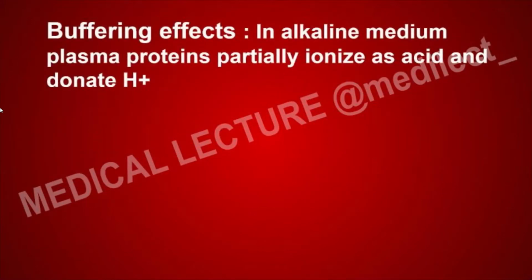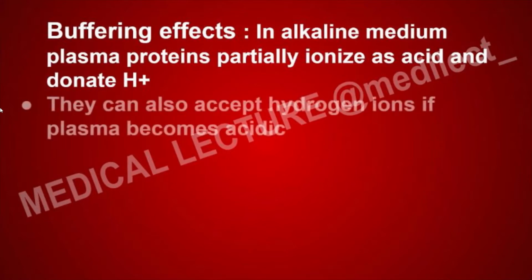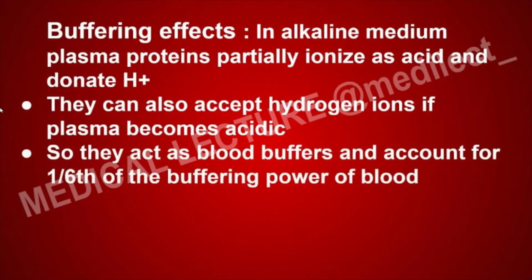In alkaline medium, plasma protein partially ionizes as acid and donates the hydrogen ion. Not only this, but they can also accept the hydrogen ions if the plasma becomes acidic. So they act as a very good buffering agent. They act as blood buffers and account for around 1/6 of the buffering power of the blood.